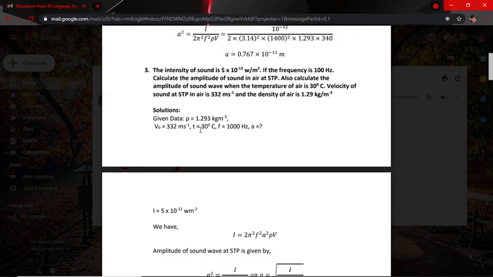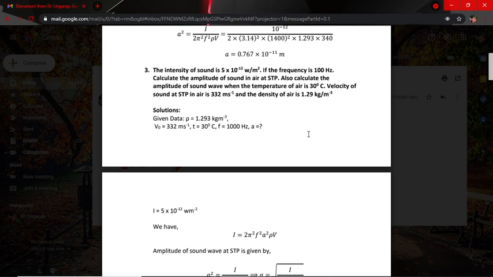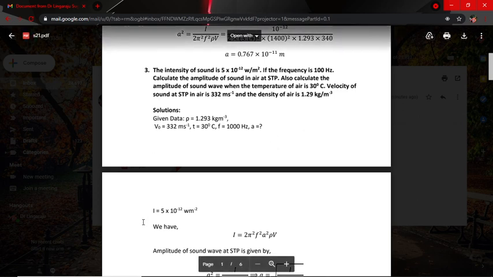Then T, temperature, 30 degrees Celsius. Frequency 1000 Hertz, the same as the previous problem. Amplitude A we have to calculate. I is given as 5 into the power of minus 12 watts per meter square.